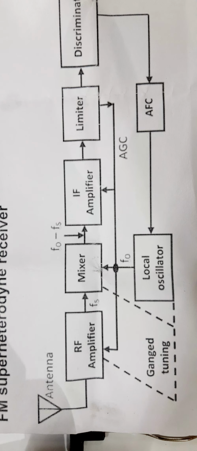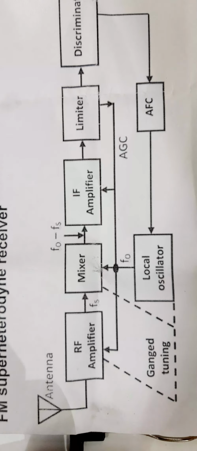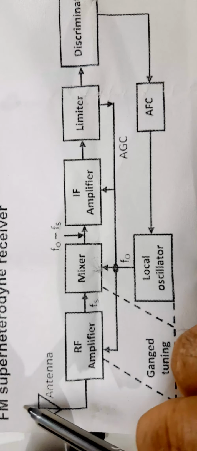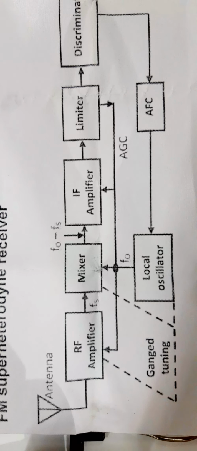While traveling through space from the transmitter, the signal becomes weak because it has traveled a long distance, and gradually its amplitude decreases. When it is received by the antenna, it becomes very weak, that is, feeble. Therefore, the first stage is to amplify that signal.